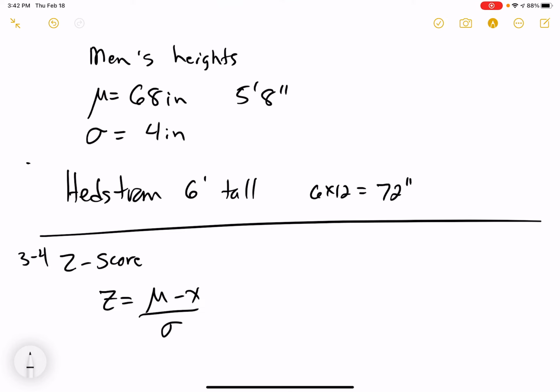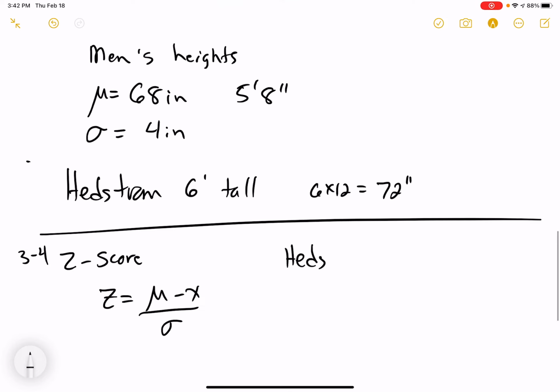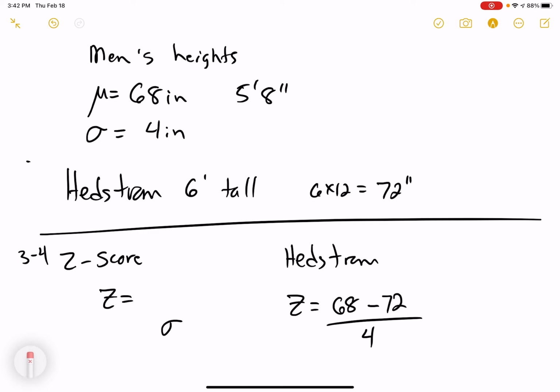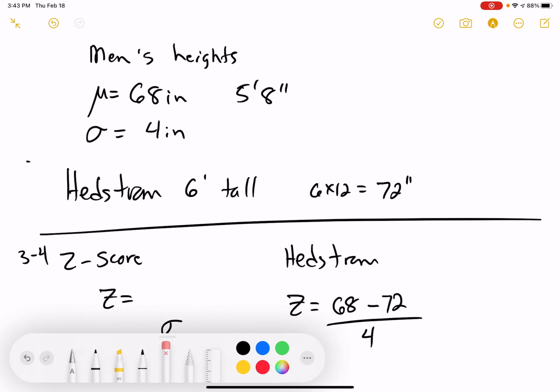So I can calculate my z-score using this value. I'm going to do my z-score is equal to 68 minus 72 divided by my standard deviation of 4 inches. All right, I screwed this up. It's the other way around.